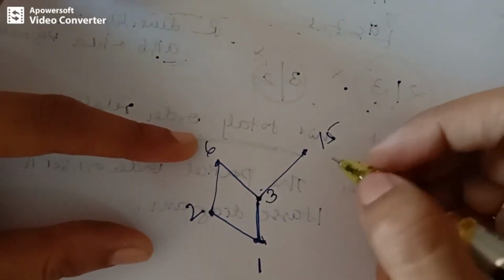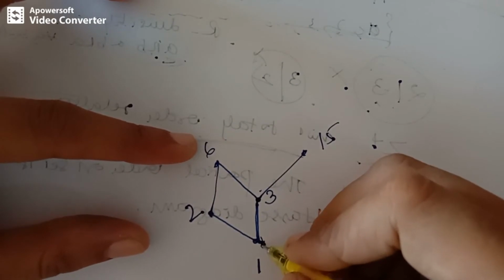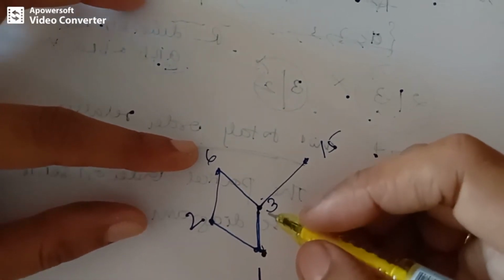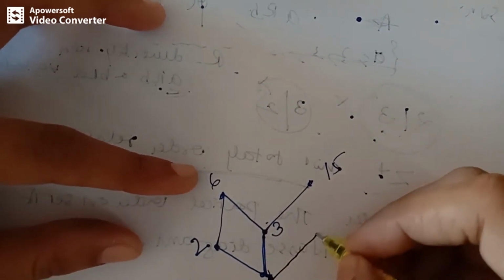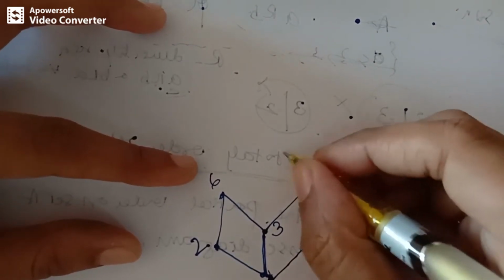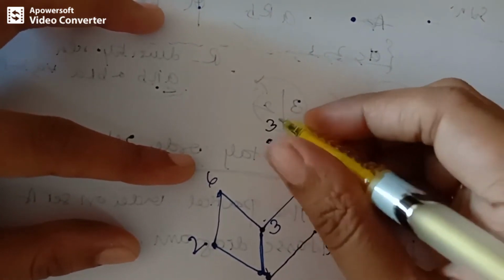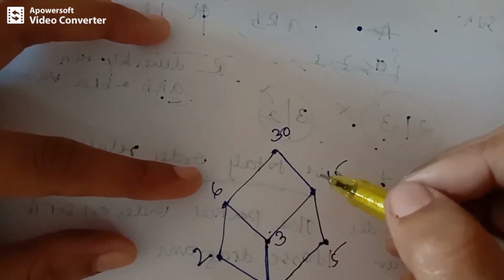I'll take a separate loop. And what we can say is we have the elements 1, 2, 3, 5, 6, right? 5, I'll take 5 over here so that I can connect them. 5 divides 15. And we can consider here, is it not 30? I'll take here 30 because 6 also divides 30, 15 also divides 30.